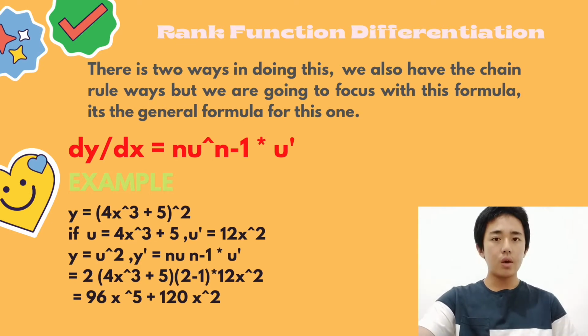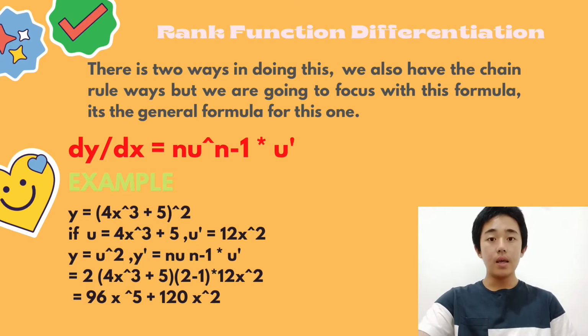If u equals 4x cubed plus 5, that means u prime, or the derivative of u, equals 12x squared, because we all know 3 times 4 equals 12 and 3 minus 1 equals 2, so 12x squared. And 5 is a constant number, so it's 0.